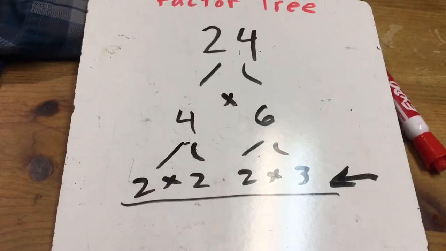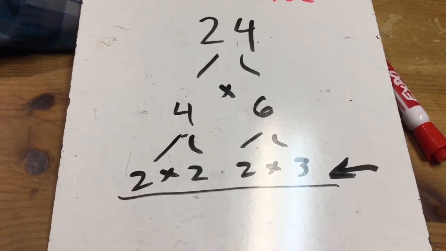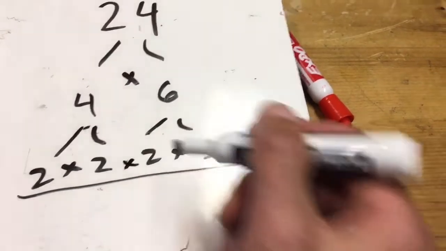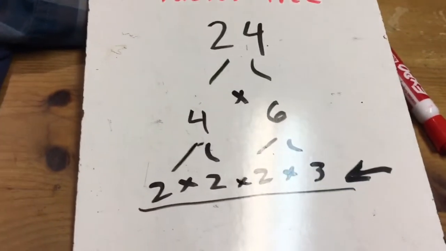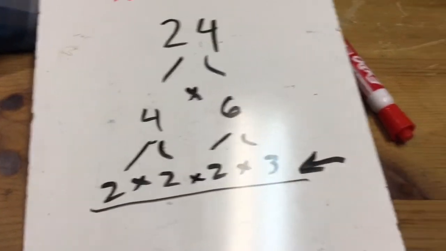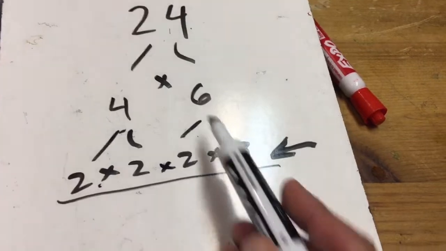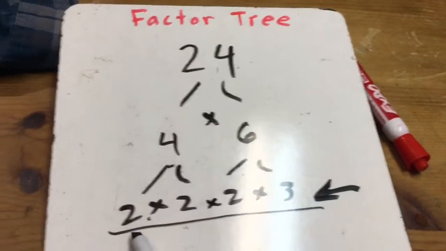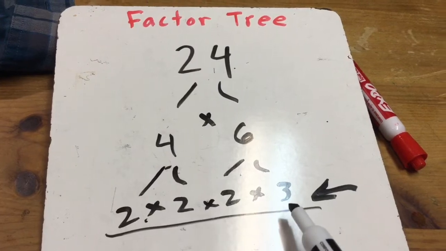So 24 is 2 times 2 times 2 times 3. So what did I do? This multiplied equals that, and they're all prime numbers.